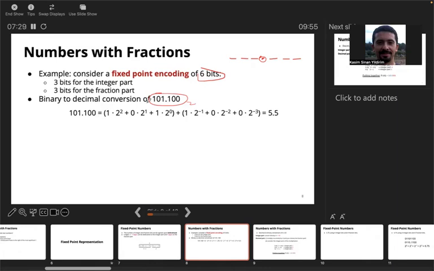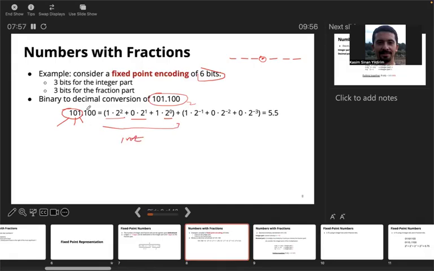How can I obtain the real number in base 10? For the 3 bits that contribute to the integer part, the conversion is the same: 1 multiplied by 2 to the power of 0, 0 multiplied by 2 to the power of 1, 1 multiplied by 2 to the power of 2. This is the integer part of the number.